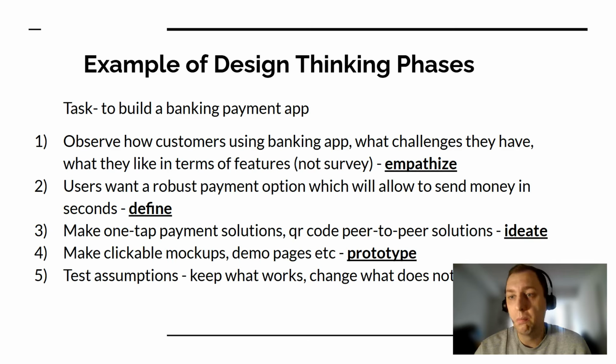And we need to create a couple of options for them to relate to the current banking app. On the next step, we do some clickable mockups, demo pages, and so on, so they can test and feel how it works.